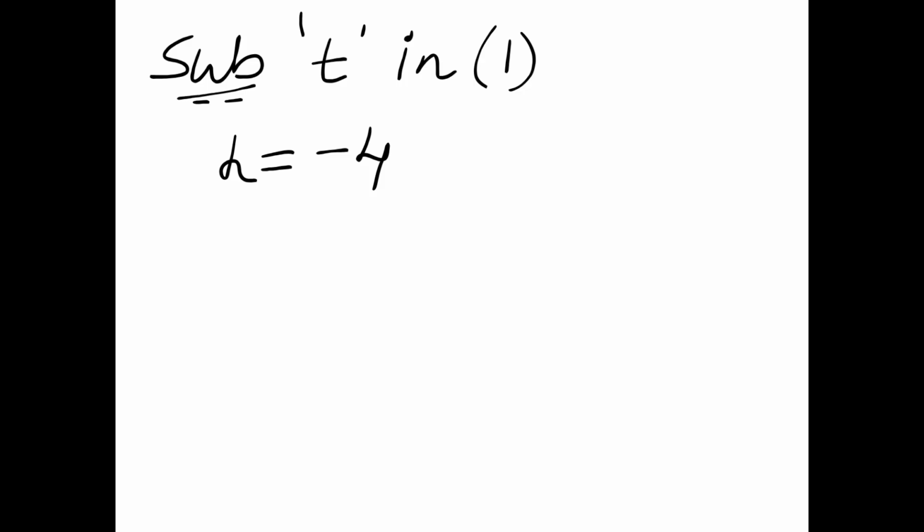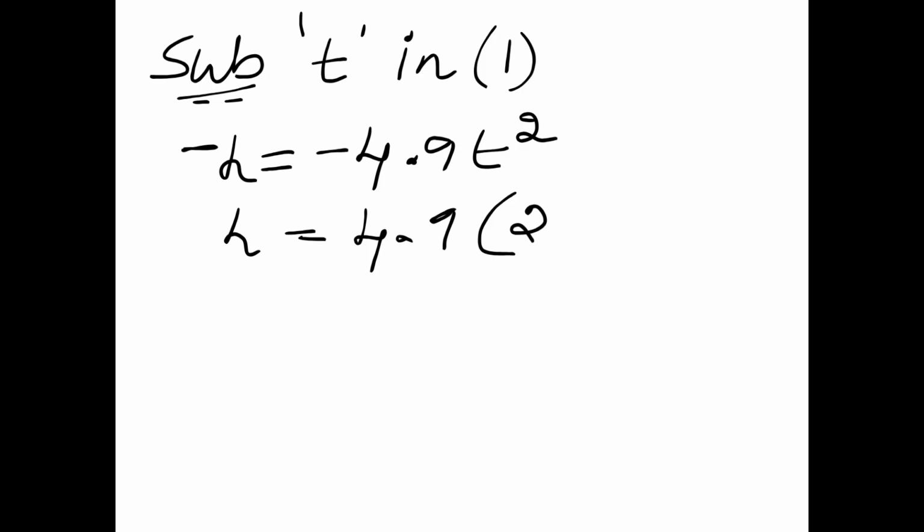Minus h equal to minus 4.9 t square, so here I can write h equal to 4.9, and in place of t I will substitute 2.5 square.